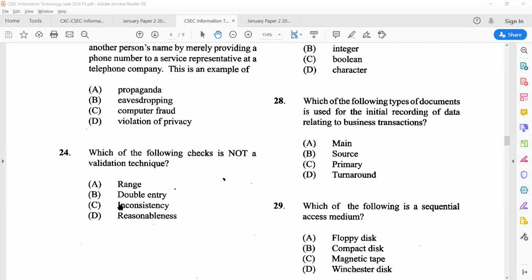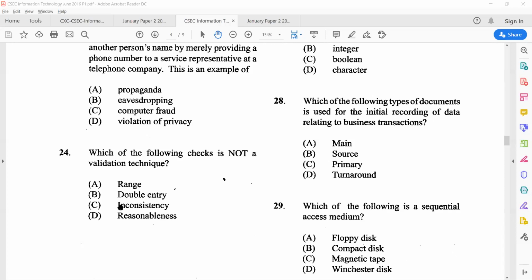A verification check is after you add the data in, to verify that it's the same as the data that was used. So you have the double entry, where you will enter the data. For example, you may enter your password and then enter it again to ensure that the two are the same, right?